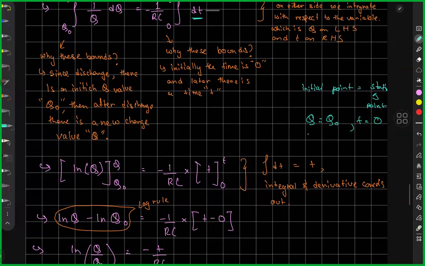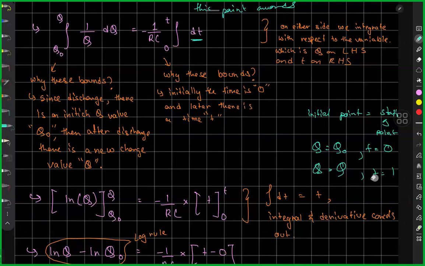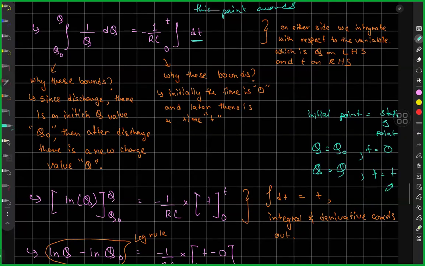And what is the final point? The final point for charge is simply Q, because we want to find out whatever the charge is at a given time. The final point for time will also be T. So my final charge is a variable Q, and my final time is a variable T. If I put in a time T into the equation, it will give me the charge at that given time.